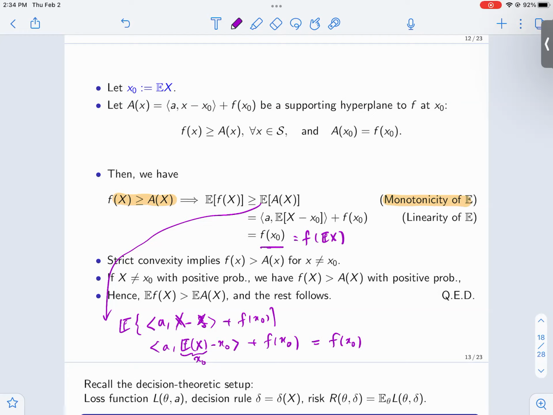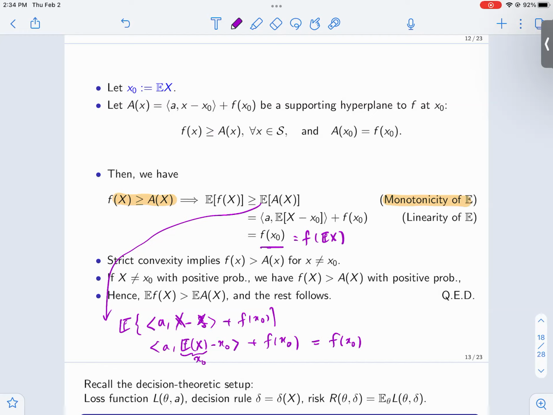So we proved Jensen's inequality, and if you have strict convexity, it means that this is going to be bigger. The inequality would be strict except at x naught. So for any x that is not equal to x naught, this is going to be strict.